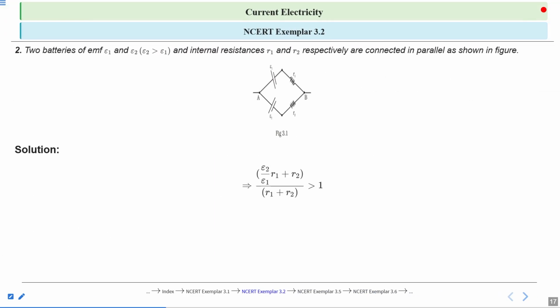So the numerator is greater than R1 plus R2, and their ratio will be greater than 1. So from equation 2, we can write epsilon equivalent greater than epsilon 1.